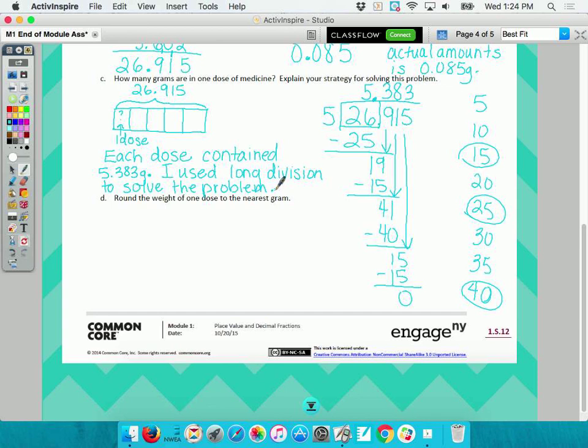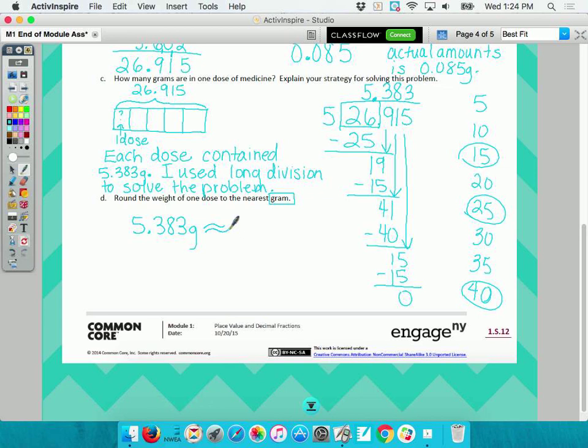Now, this is really good right here. It says round the weight of one dose to the nearest gram. So we'll talk about that in a minute. What is the weight of one dose? 5 and 383 thousandths grams. Good. And it says to round it to the nearest gram.